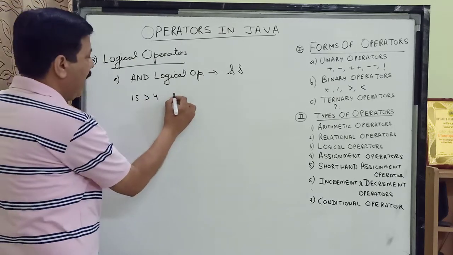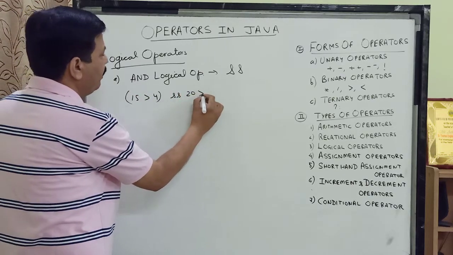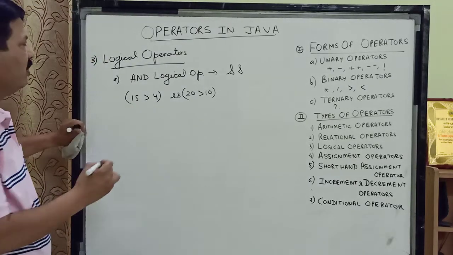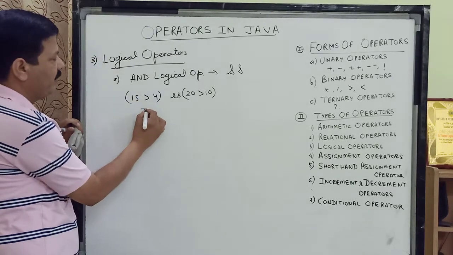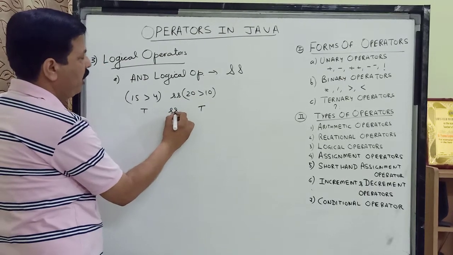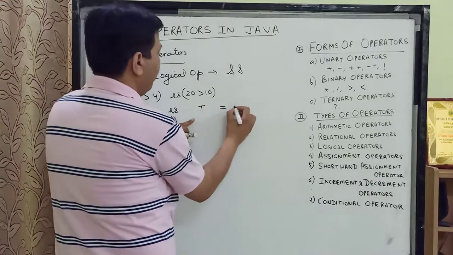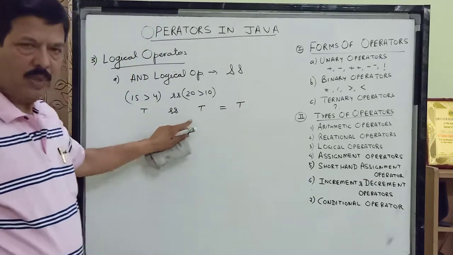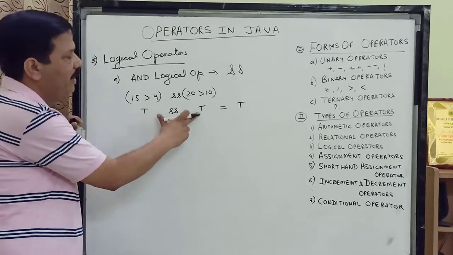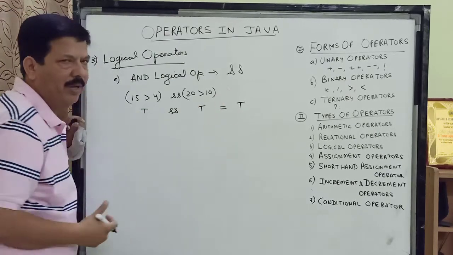And if I put an AND sign over here, and I put this in brackets, and I say is 20 greater than 10, the answer is true. I am joining it with AND. So if both the conditions are true, the final result will be true. And children, if one condition is false and the other is true, or if this one is true and the other is false, the answer will be false.